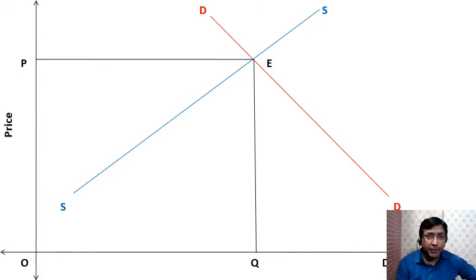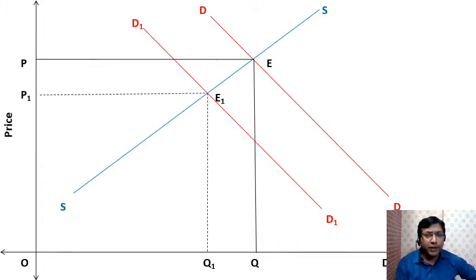So now what will happen? In this case, the demand curve will shift towards left. When the demand curve shifts towards left, we'll get a new equilibrium point E1 and the new price, that is OP1. Of course, the quantity will also go down, that is OQ1. So when there is decrease in demand, the price of the commodity falls.